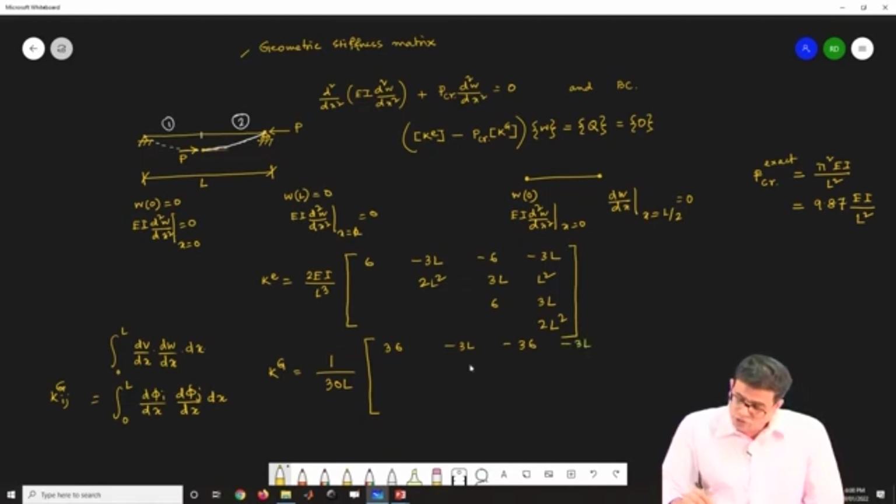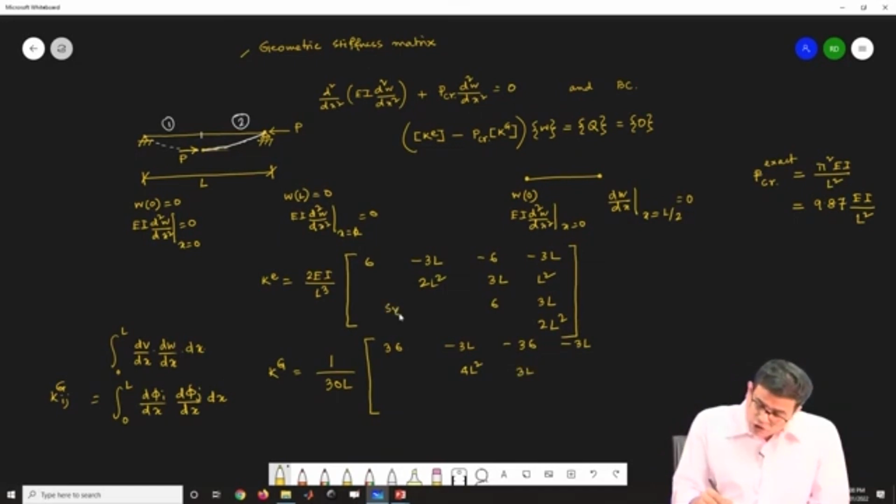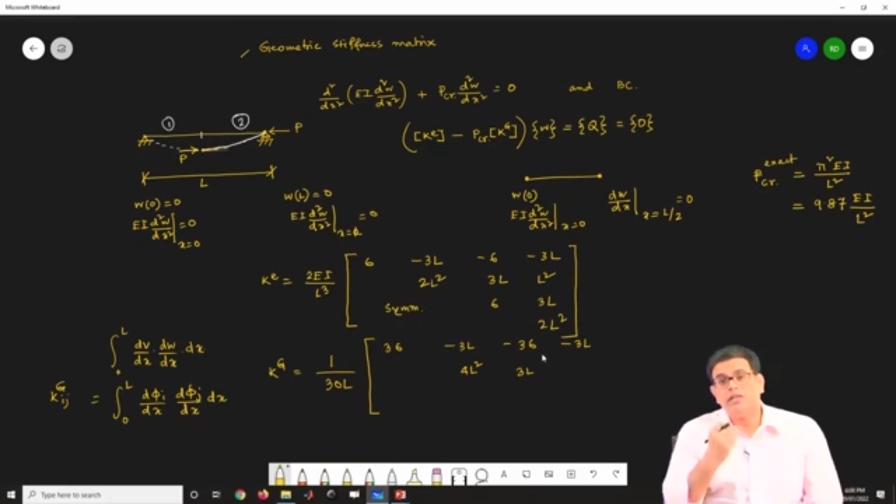So, you need not remember this, because generally you know the form, and we all know it will be a symmetric matrix. Remembering the beam stiffness matrix is very easy, because at your BTech or undergraduate level you have learned how we computed beam stiffness, that is 2EI by L cube.